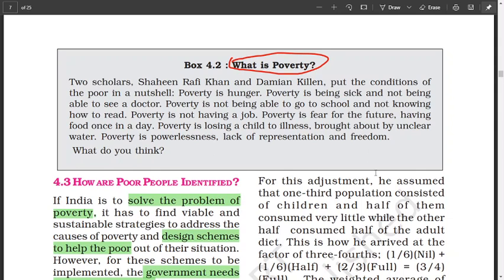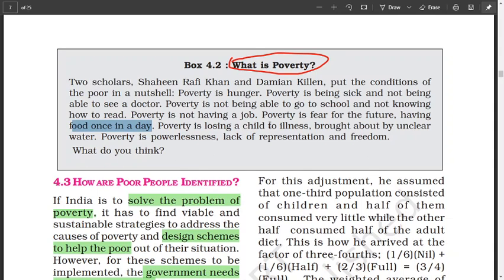By poverty, you understand not being able to get food. So poverty here is hunger. Poverty here is not being healthy, and even then not being able to see the doctor. Poverty means not being able to go to school, not knowing how to read, illiteracy. Poverty means unemployment. Poverty means fear for the future, insecurity, having food once a day or no food at all.